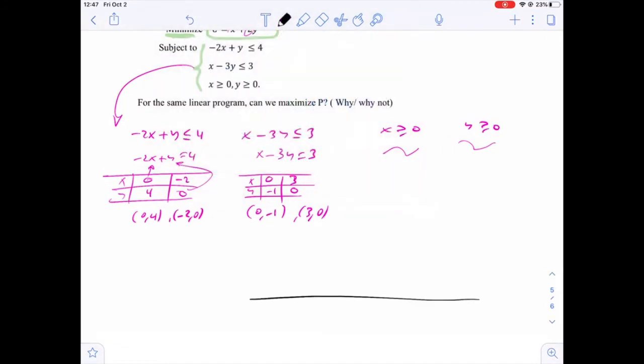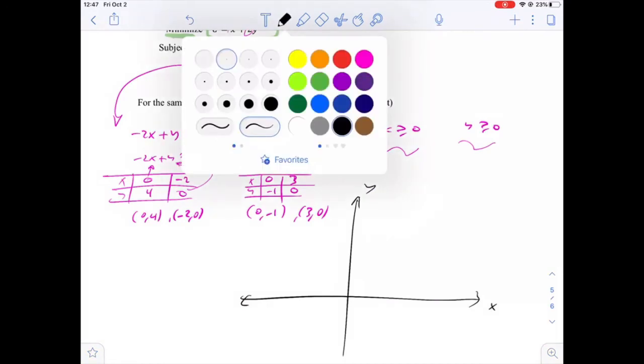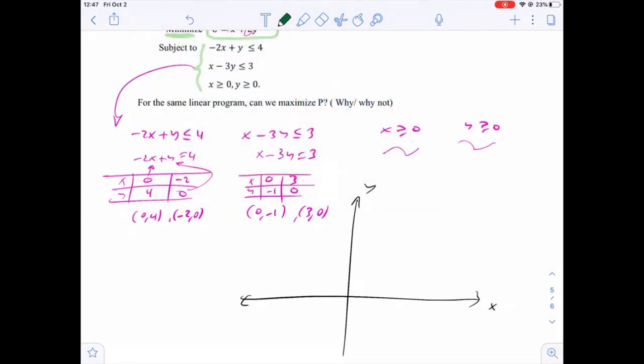Now we graph the region on the xy plane. Let's use the red color for the line associated to the first inequality. So we have 0, 4. This is 0, 4, and negative 2, 0 is this, and we connect them with a straight line.